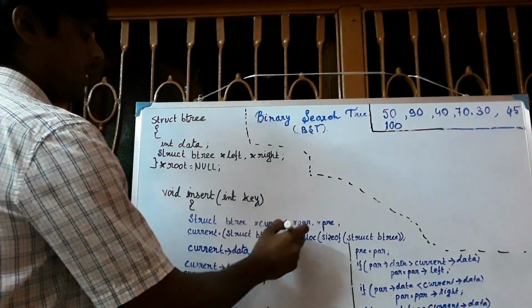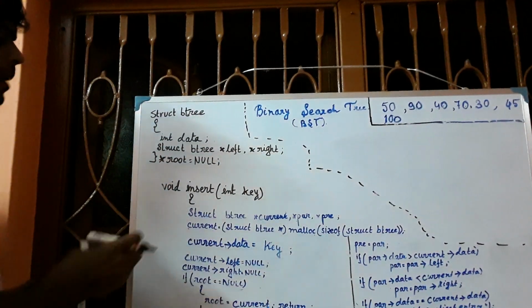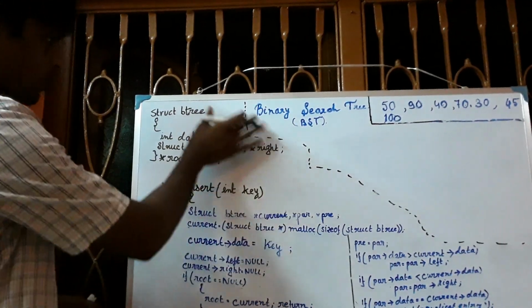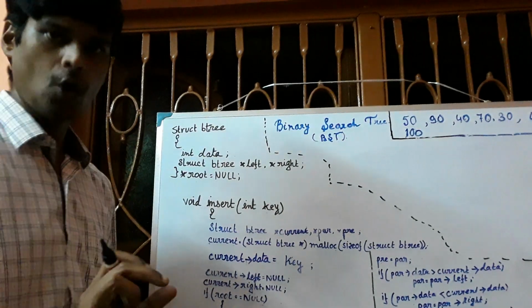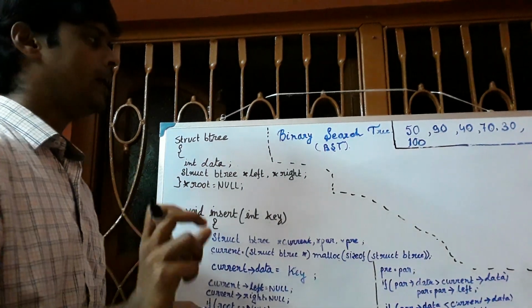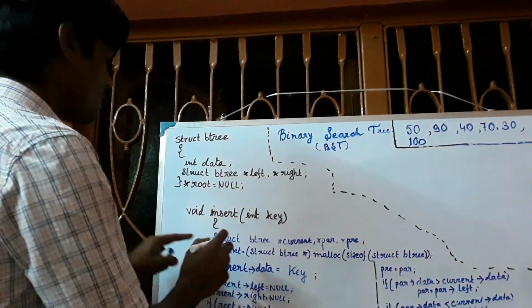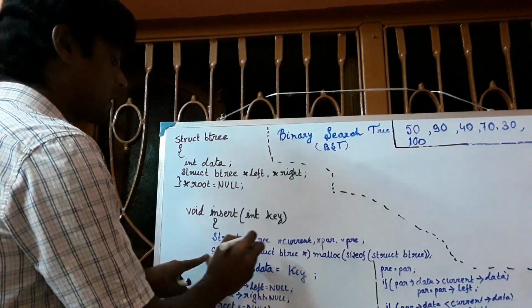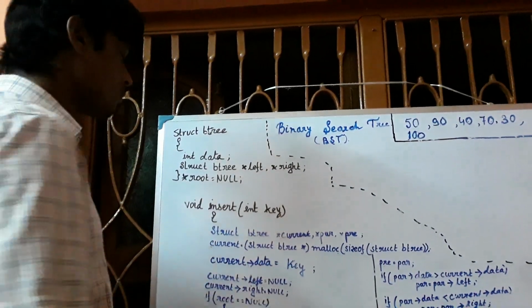Current equals malloc of size of the structure. This line will allocate an empty memory whose size will be equivalent to the size of the structure, because each node in the binary tree will be a single object of the structure.